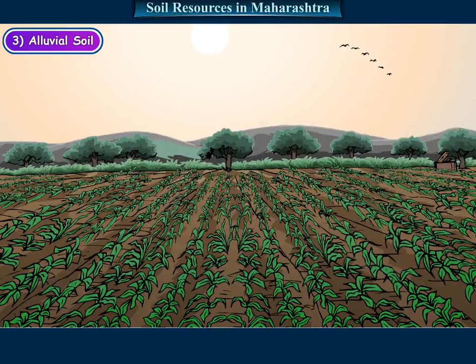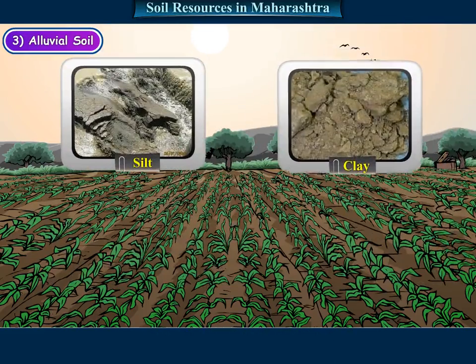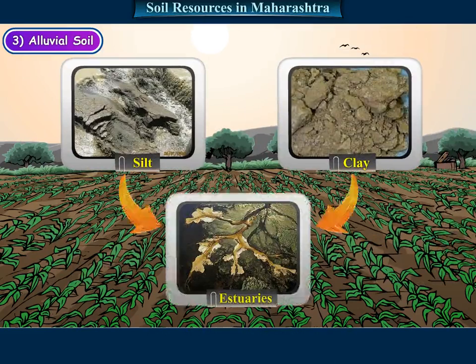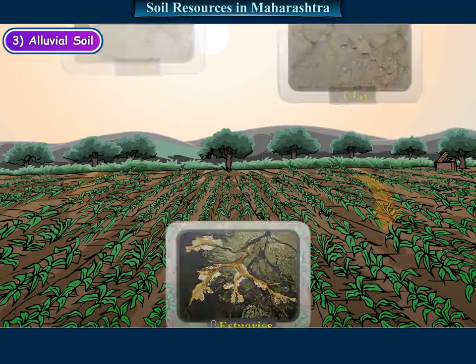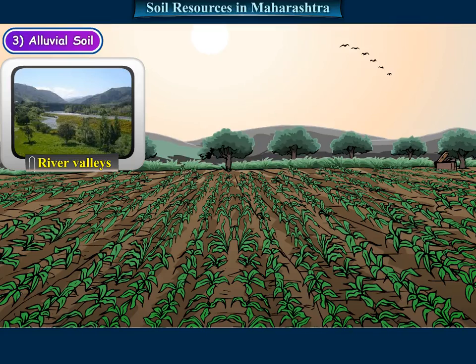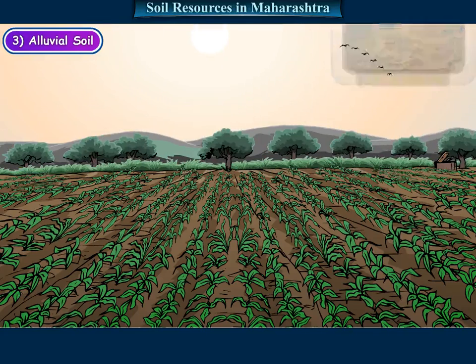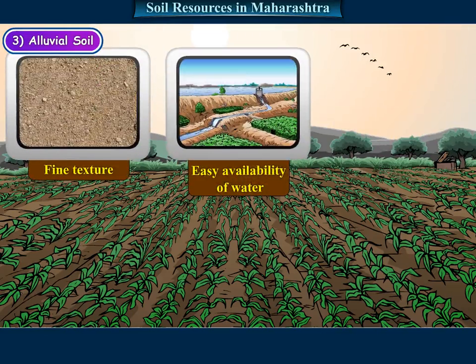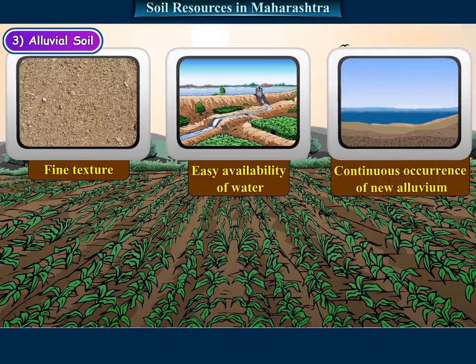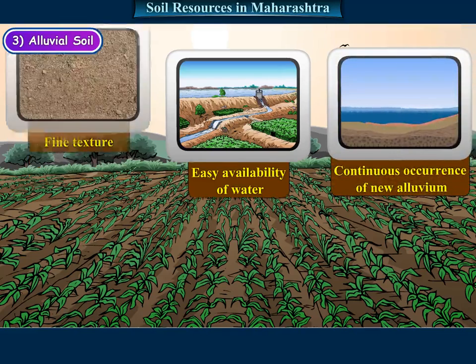Alluvial soil consists of silt and clay as it develops in estuaries. It is found in river valleys, floodplains, and delta regions. The soil is fertile because of fine texture, easy availability of water, and continuous occurrence of new alluvium.